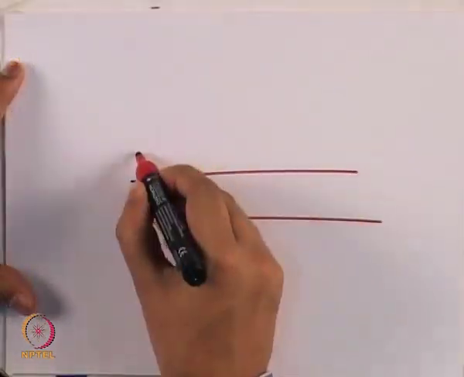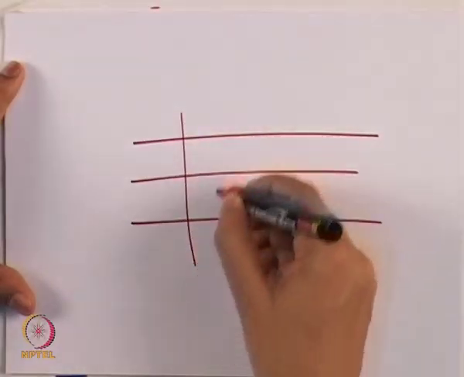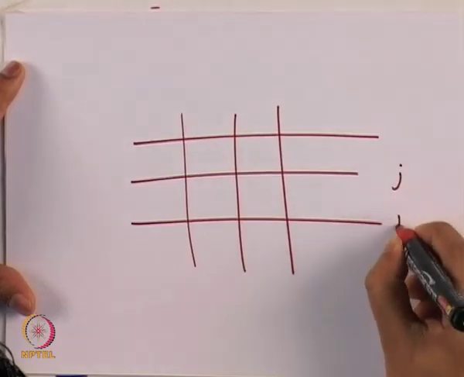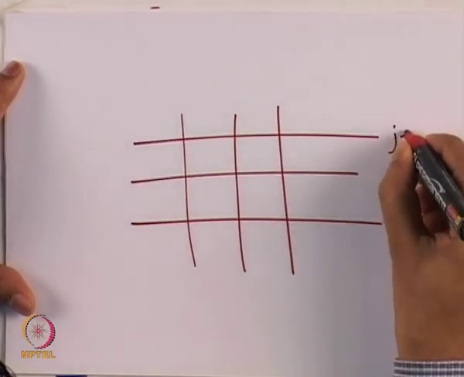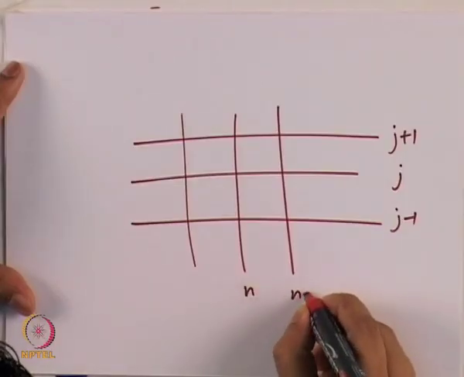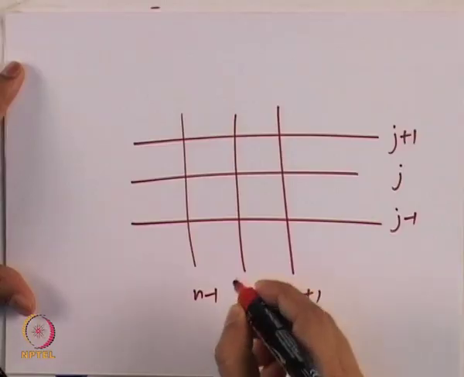So what we have now is stencils. If we say this is j, this is j minus 1, this is j plus 1, and this is n, n plus 1, n minus 1.